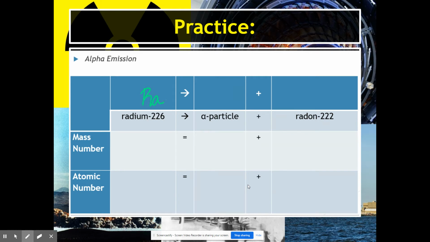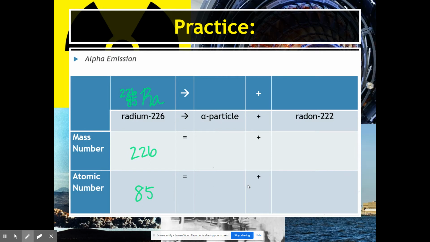Ra is the symbol for radium. Its mass, 226. When I look at a periodic table, radium is element number 85. So just from that, my mass number is 226. My atomic number is 85.